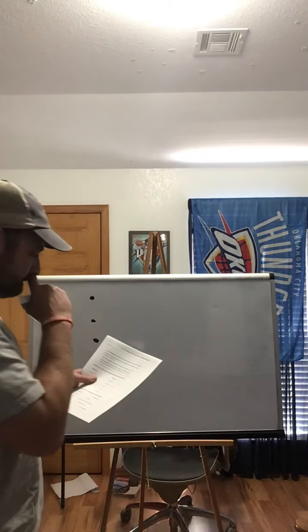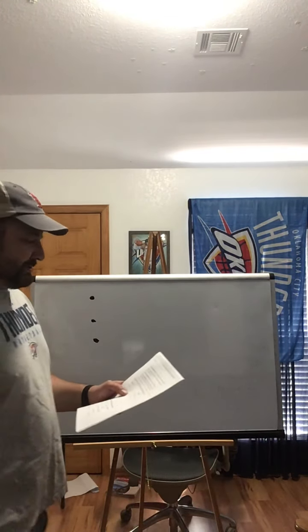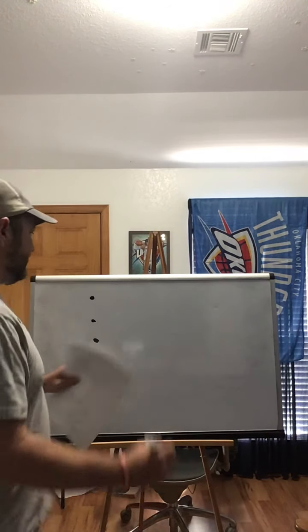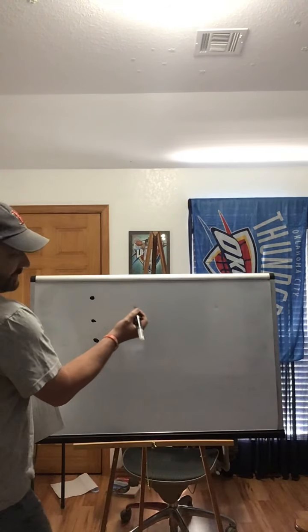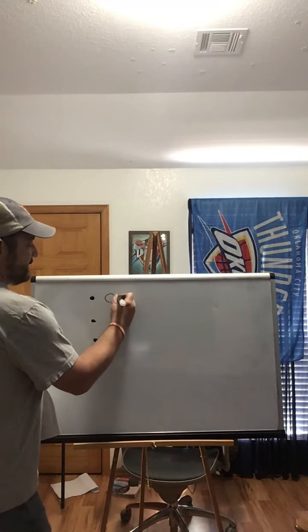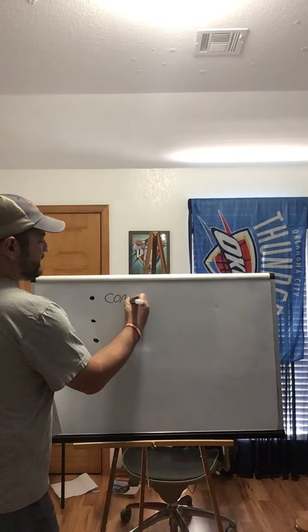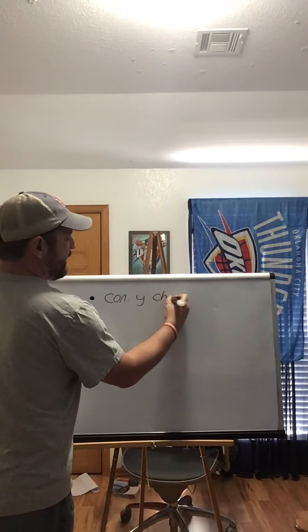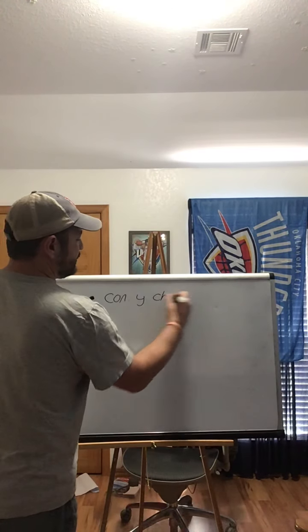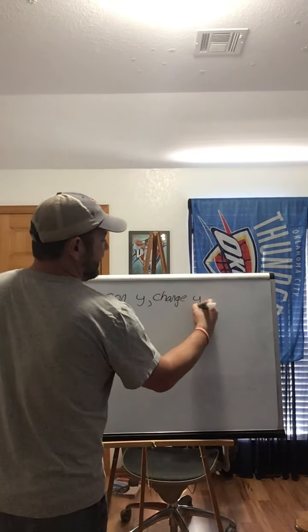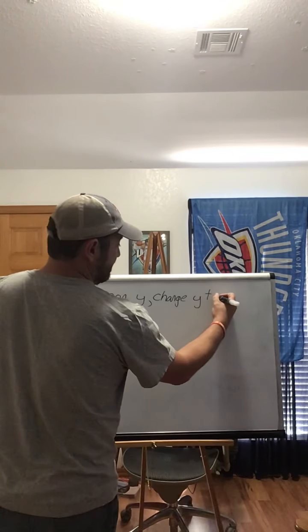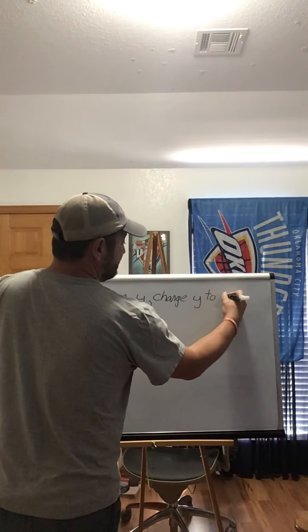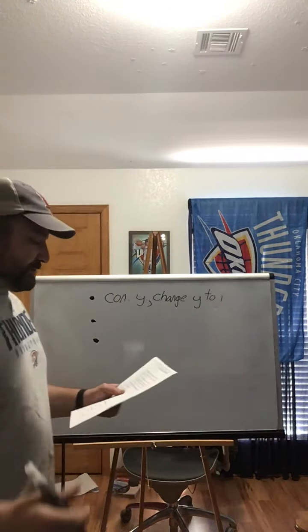So here we go. For our adjectives, our 3 rules are going to be, if your word ends, I'm going to just basically write it out like this. If your word ends in a consonant Y, you change the Y to an I, and you add ER or EST, whatever it is you're adding to it.